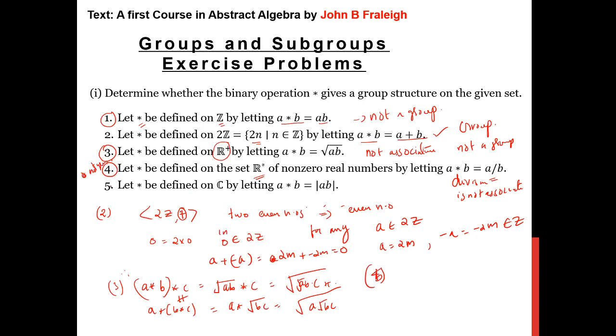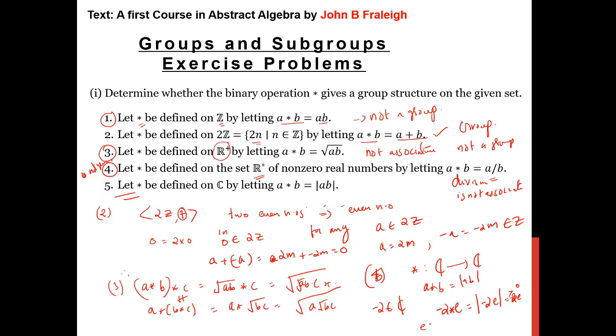The fifth one is defined on C, the set of all complex numbers, a star b equal to mod ab. Now if you take minus 2 belonging to C, we need an identity element. Suppose minus 2 star e equals the modulus of minus 2e, which is 2|e|. The mod value is always positive, so this is always greater than 0.